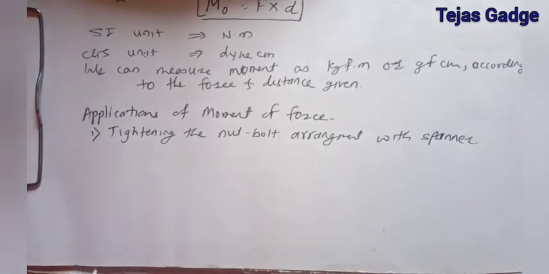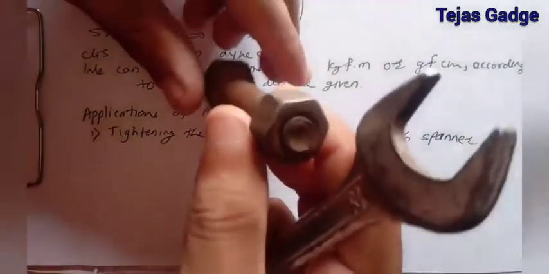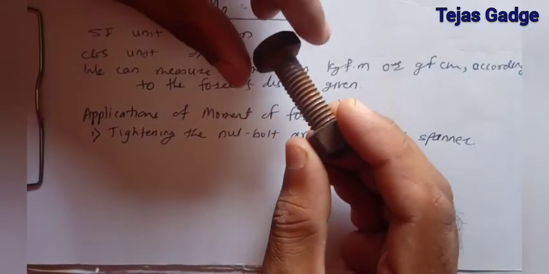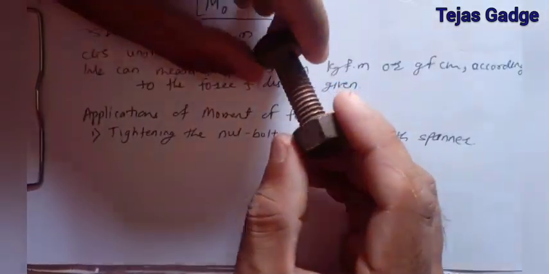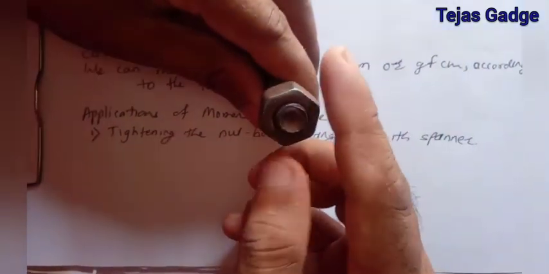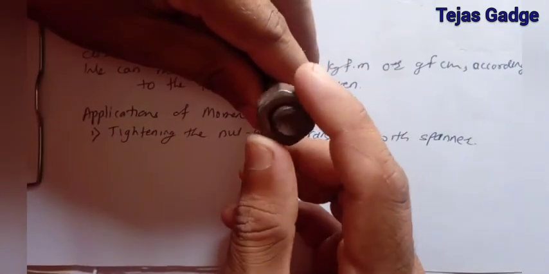Now for our concept clearing, we have one bolt here along with a spanner. This is the nut and bolt arrangement. Let us say this is fixed, and we have to tighten the bolt.